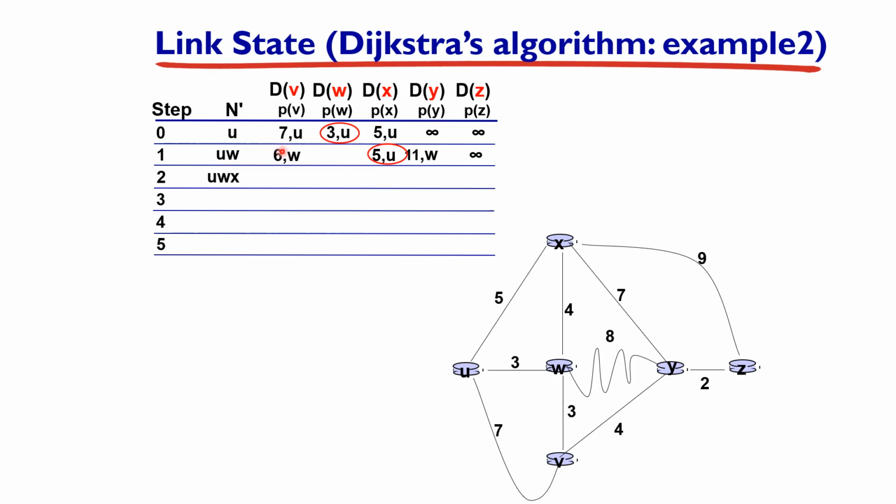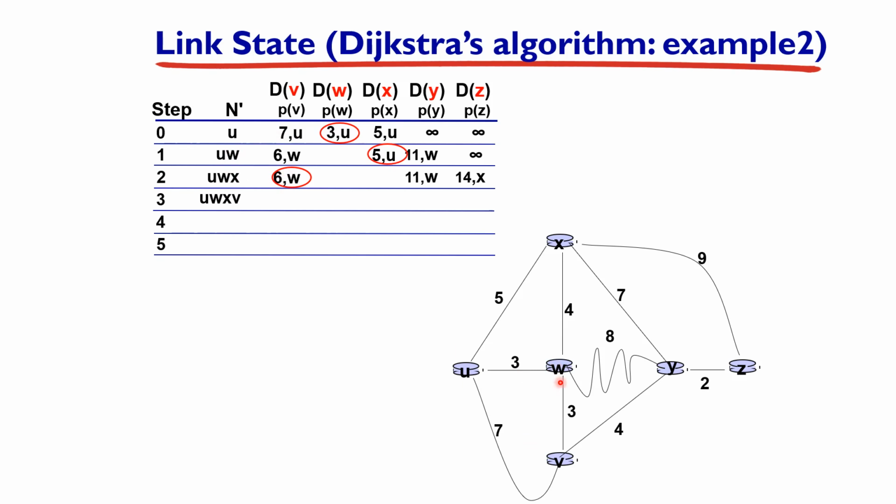So we are comparing this 7U or the path through UW and WV, whichever is shorter, and that will be filled here. I'm repeating. We already have a path from U to V with 7U, and we are trying to find another path which is shorter than the previous one, that is through UW to WV.